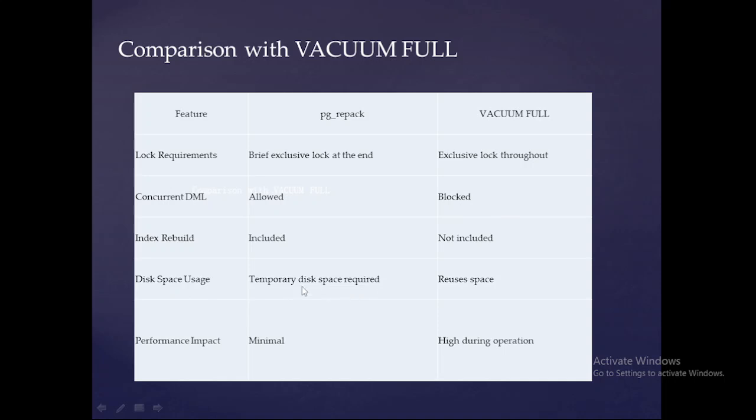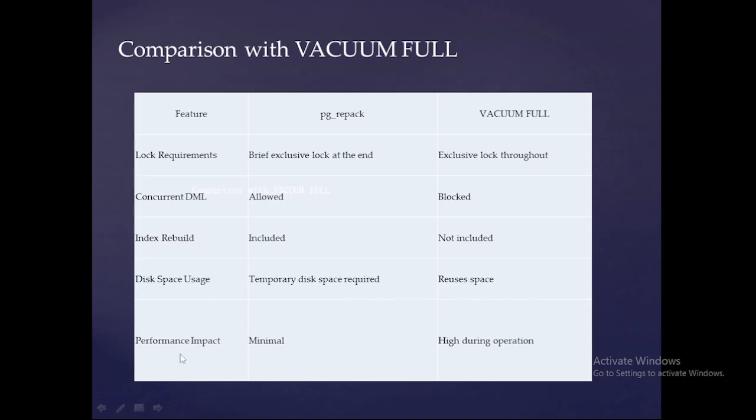Disk space usage: temporary disk space is required. Okay, for that temporary table which it creates for reordering, that disk space is required. VACUUM FULL just reuses the space which is occupied by the bloated, dead tuples.